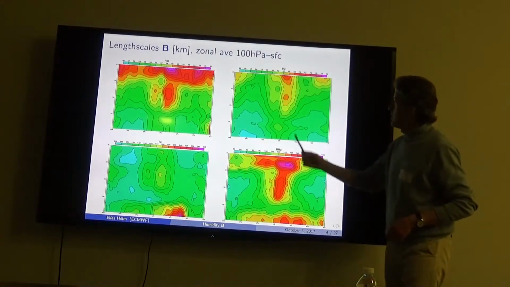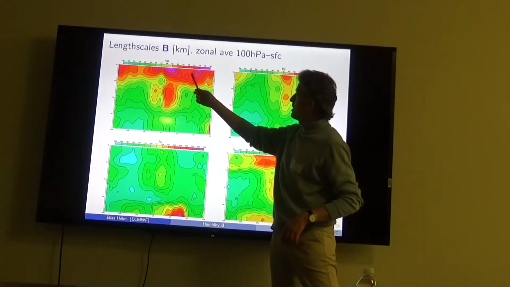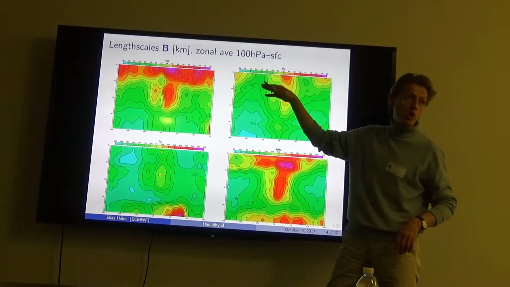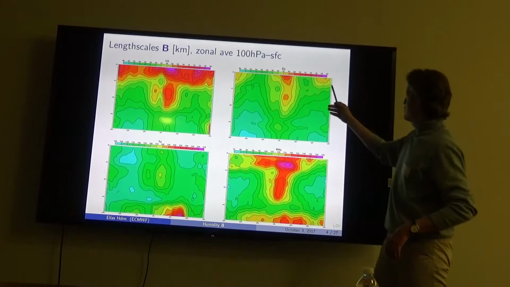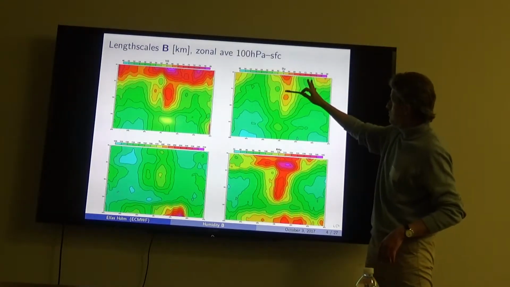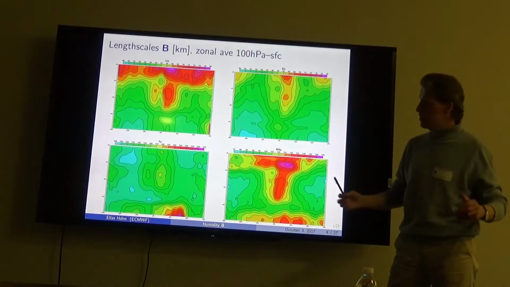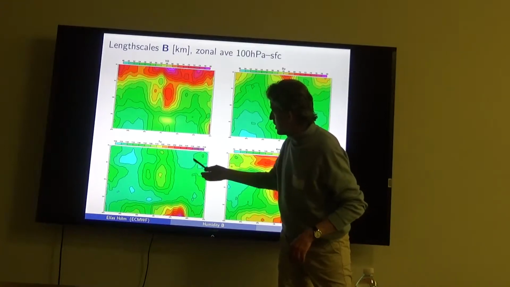We see here for vorticity the length scales peak at about 80 kilometers. Of course, we get up to a couple of 100 kilometers in the stratosphere. Divergence is a bit lower, maybe peaking at about 60, 70 kilometers horizontal length scale. Temperature, of course, is up to a couple of 100 kilometers.